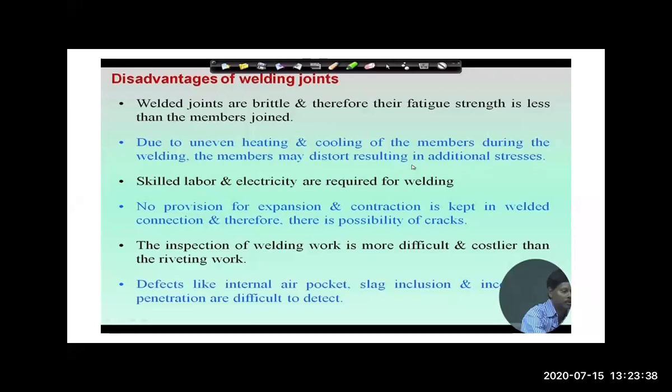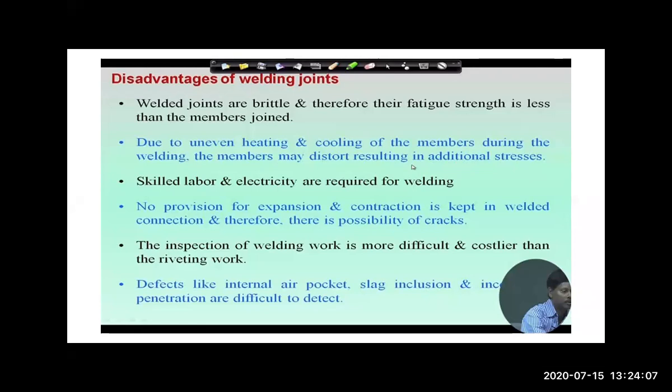Now the second disadvantage is that due to uneven heating and cooling of the member during welding, the member may distort, resulting in additional stresses. At the time of the welding process we are heating the members, two members connected one above or in front of the other.